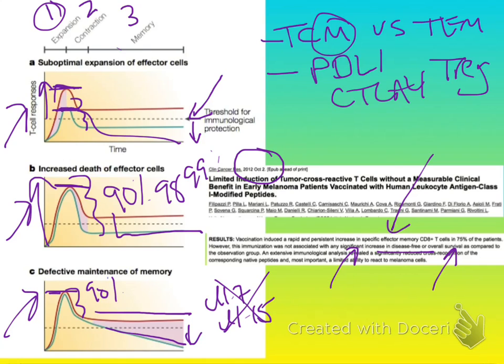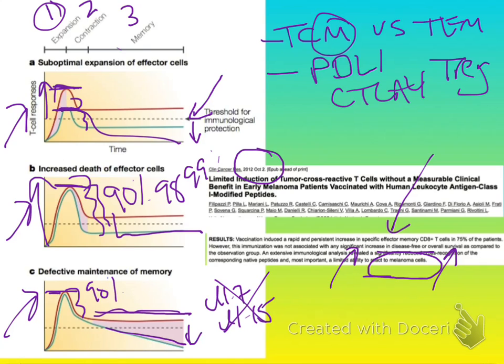In this paper, they seem to think that it was because of the antigen specificity of the memory cells that were there. So the ones that we wanted were gone. Maybe they were preferentially lost somehow in this contraction phase, or maybe they just were the ones that weren't maintained because of what they were specific for. And then also the inability of those anti-tumor immune cells to actually respond to melanoma cells.